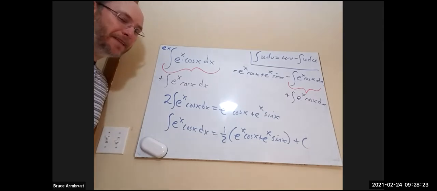I know it's bringing back our love-hate relationship with algebra, but algebra's got some nice little things to it, and this is one of them. It can definitely help us when we run into one of these cycles of integration by parts that just never seems to end.